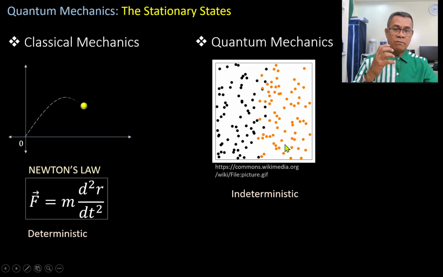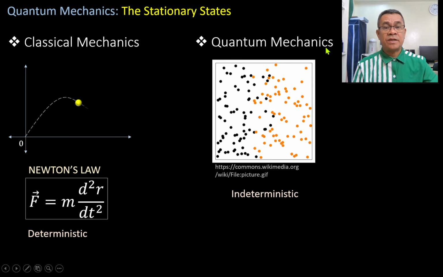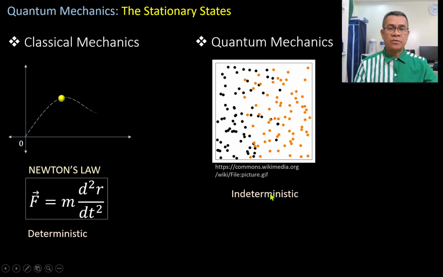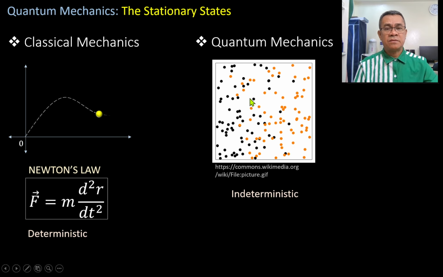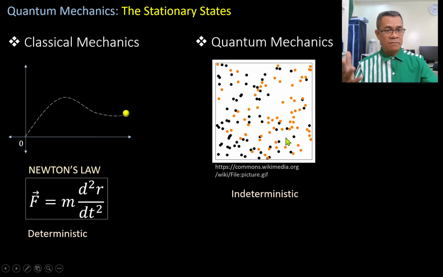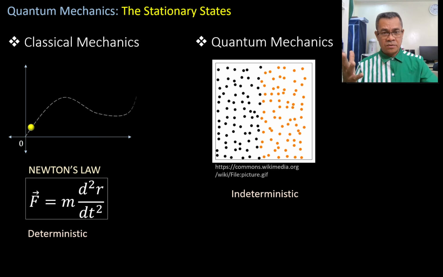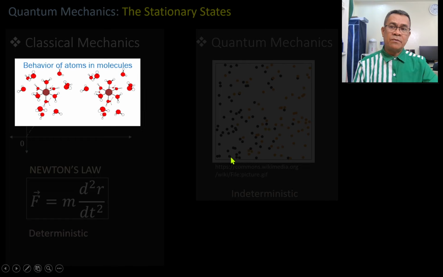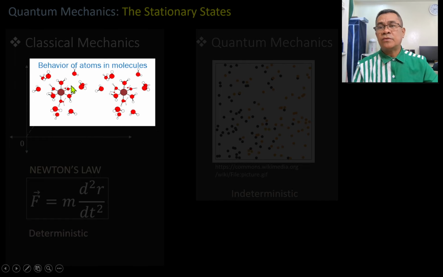Now, remember that our technology relies on the theory of quantum mechanics. We need to provide the description of that system. We need to give information about that system in order to come up with an idea in terms of technology. So, for example, we need to know the behavior of atoms and molecules.